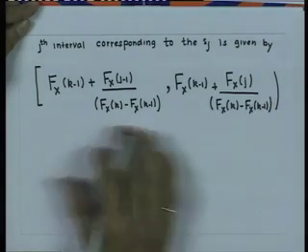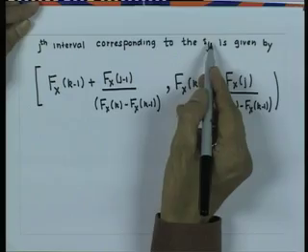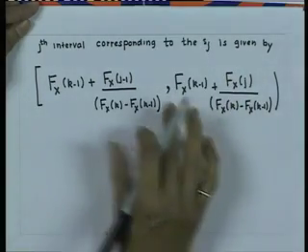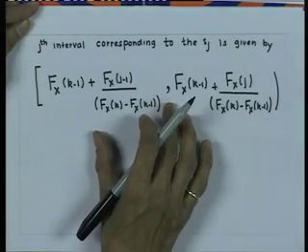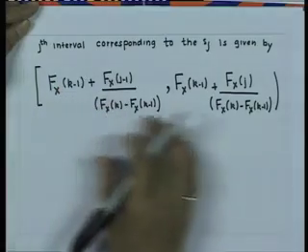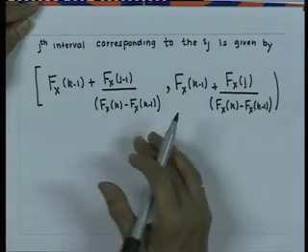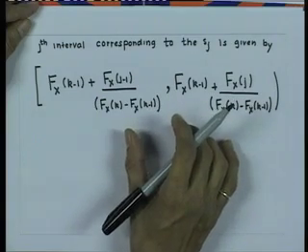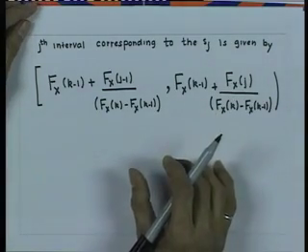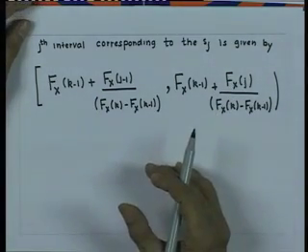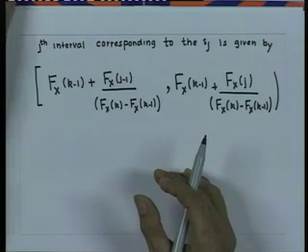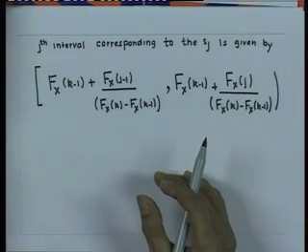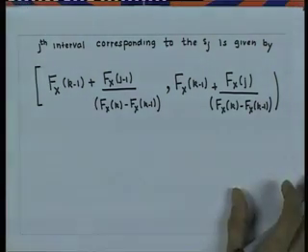So, if the second symbol in the sequence is Sj, then the interval containing the tag value becomes as shown here. Each succeeding symbol causes the tag to be restricted to a sub-interval that is further partitioned in the same proportion. This process can be more clearly understood through an example.